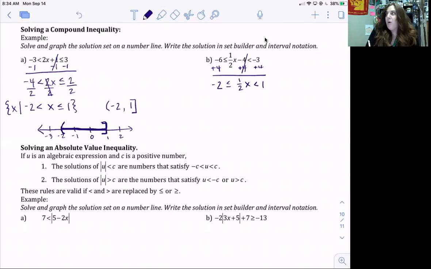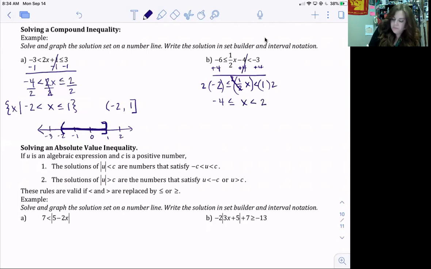Now to get rid of that 1/2 x, I'm going to multiply by 2. Then those are going to cancel. And so what we do on the inside, we also do on both the left and the right. 2 times -2 is -4, which is less than or equal to x, which is less than 1 times 2 is 2.